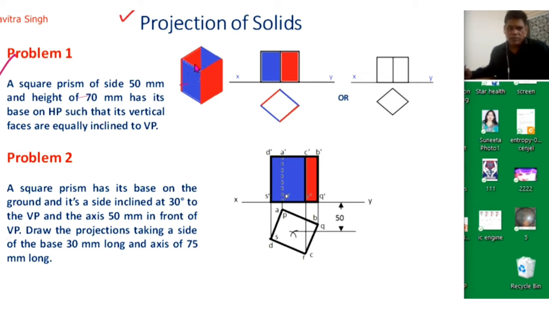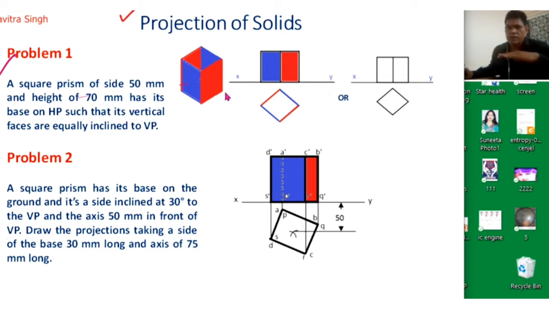So this three-dimensional object is kept on the horizontal plane simply in the vertical direction. So its axis is perpendicular to the horizontal plane, and this surface and this surface of the prism are making equal angles with the vertical plane.